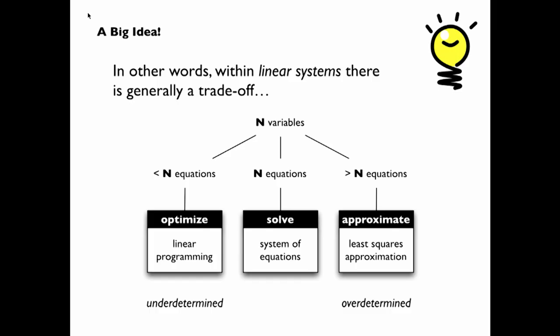An example of that, which we'll get to in a bit, is linear programming. If you've got more than n equations, that's an overdetermined system. Then you're going to typically do some kind of approximation. Least squares approximation, curve fitting, that's an example of that. So this is a handy chart. This is a way of thinking of things that you want to compare how many variables versus equations you have.